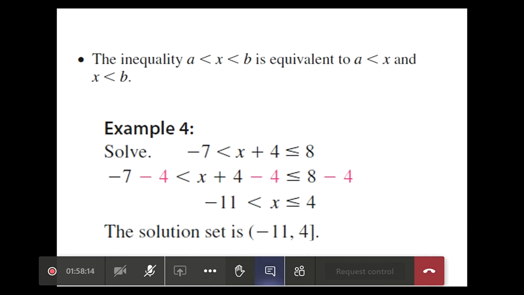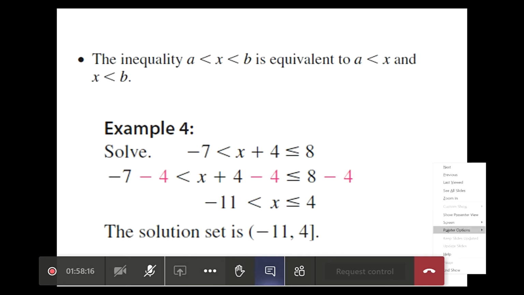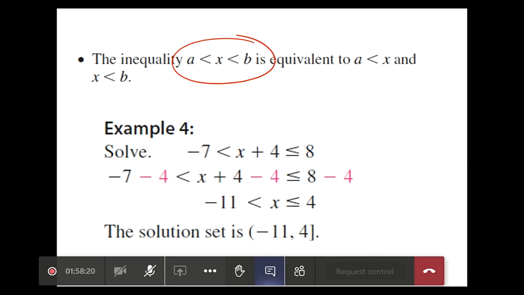Sometimes we have two inequality signs in the same inequality, like this. Look at this example. We have +4 and -4, so move the 4 to both sides, to the left and right. When we move the +4, we have -4 on both sides.